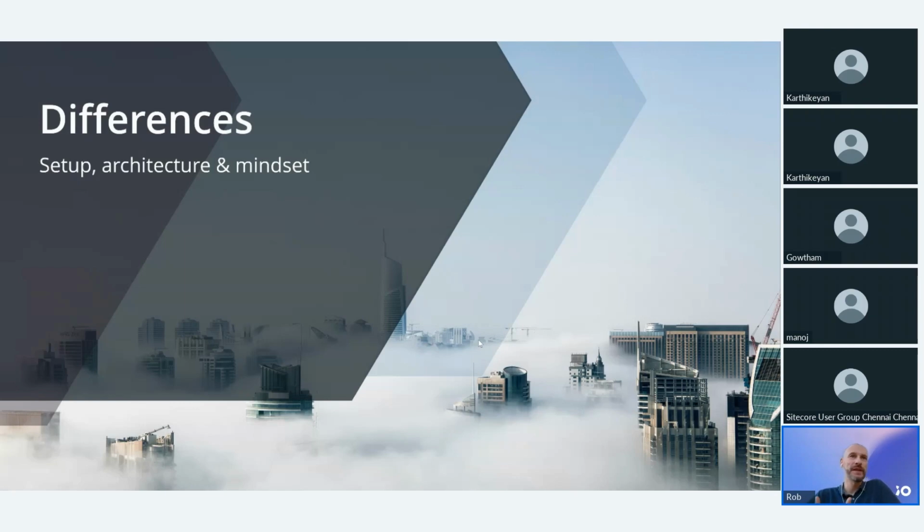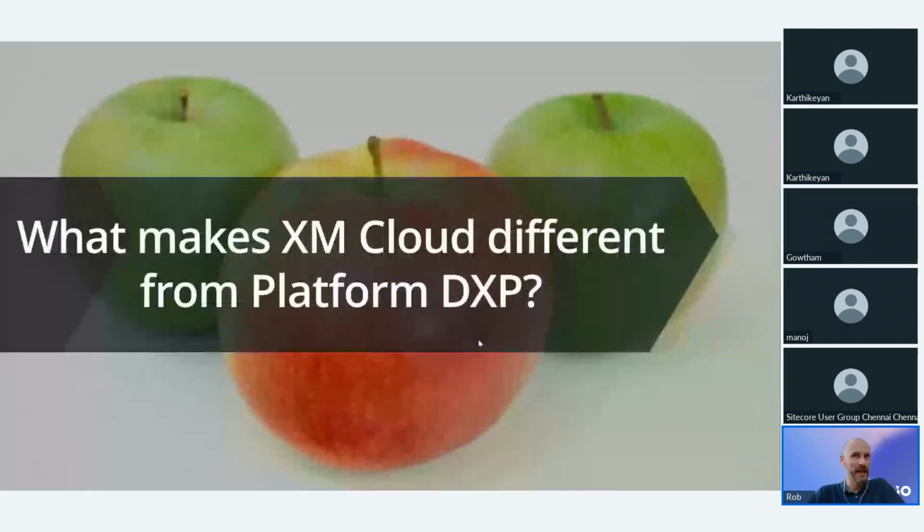So let's first zoom into the differences of the setup, the architecture, but also, very important, the mindset. What makes XM Cloud different from Platform DXP? Well, in a way, it's comparing apples to apples, but there are certain very important differences.